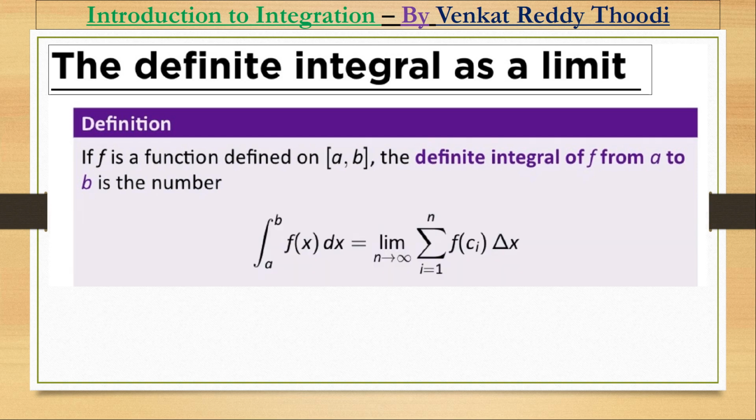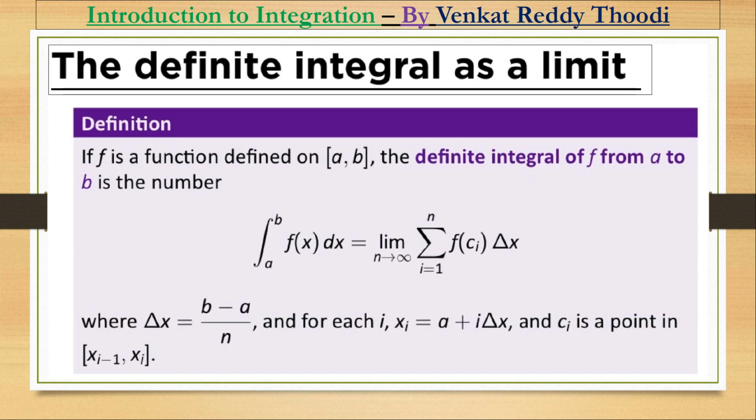Now you can see here, the integral from a to b of f of x dx can also be written as the limit as n reaches infinity of sigma i equal to 1 to n of f of ci delta x. What is meant by this? Students, we have shown it in the graph. From a to b we can divide the graph into any number of parts. As the number of parts increases, delta x decreases, as we have shown before in the graphical figure.